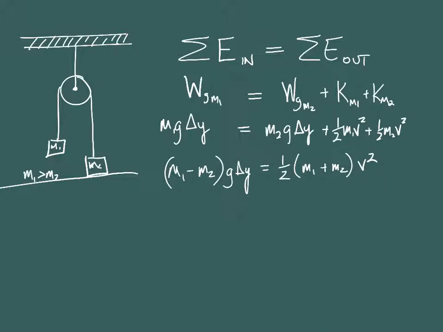Let's think about this for a second. I've essentially gone back to the work kinetic energy theorem, because if you look at this right here, isn't that just the differential weight force?